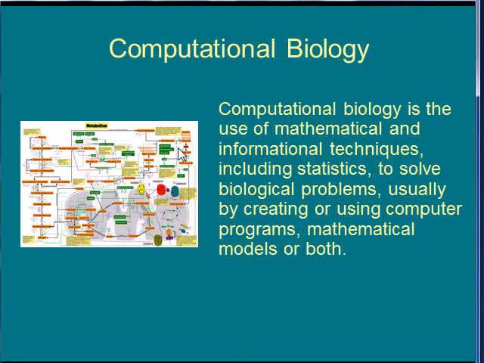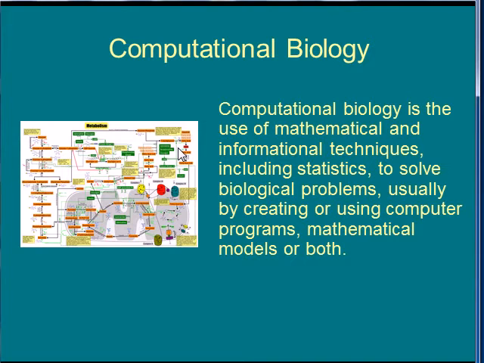Sometimes some people talk about computational biology, and maybe to a biologist they might think this is bioinformatics, but it's really not. Computational biology is just using mathematical models and information techniques to solve biological problems. What makes bioinformatics different is that it has machine learning, it has algorithms to handle huge amounts of data, it has an AI component to it.